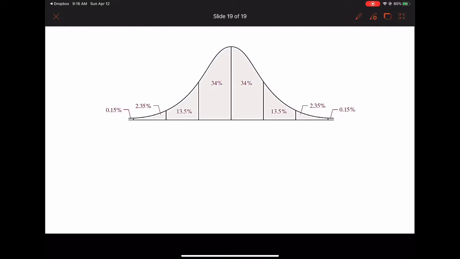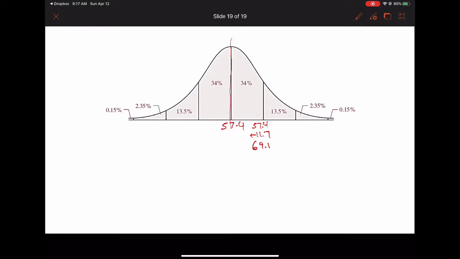So my mean is 57.4. That's this middle line right here. And I'm going to add one standard deviation. So this would be 57.4 plus 11.7. That gives me 69.1.